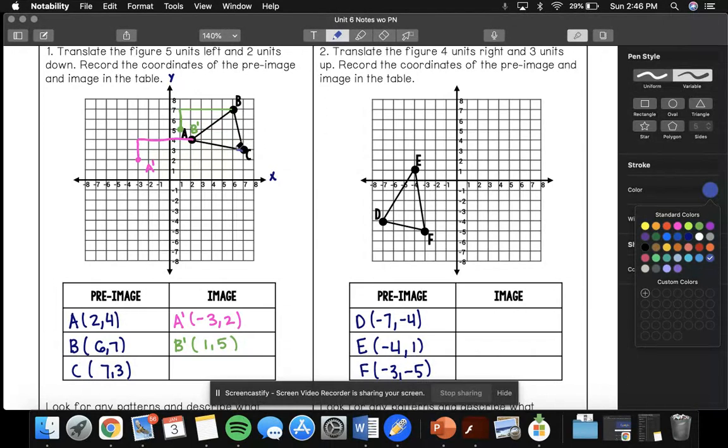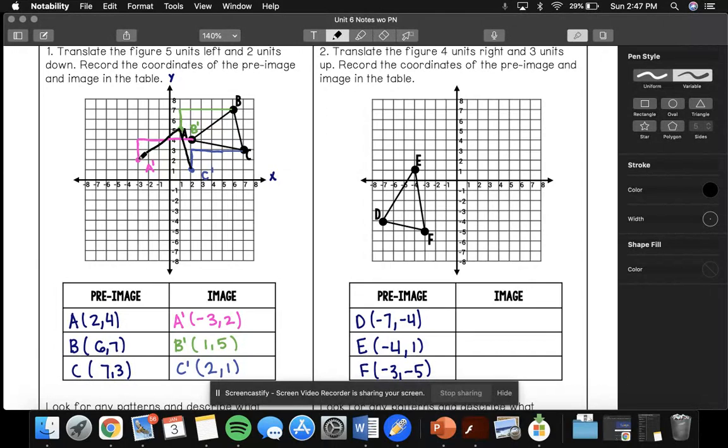We're going to go to the left 5, and then we're going to go down 2. And I'm going to label this as C prime. So C prime is 2, 1. That's where it's located. Finally, I am going to connect these 3 vertices into a pretty new triangle. Okay, so go ahead and draw that out.